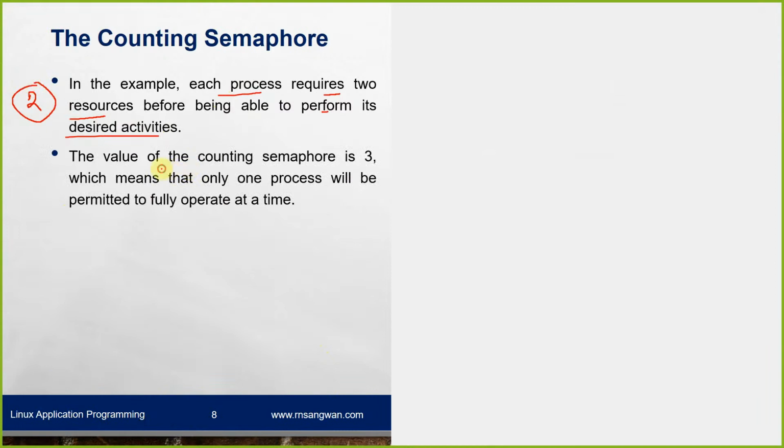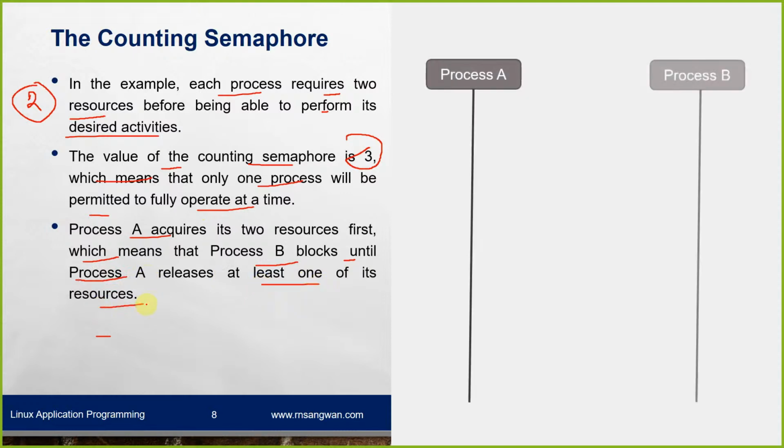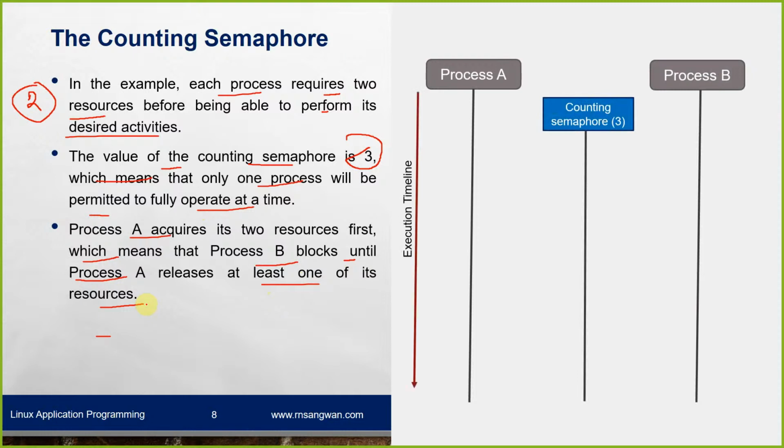The value of the counting semaphore is 3, which means that only one process will be permitted to fully operate at a given time. That's a very good example to understand. Process A acquires its 2 resources first, which means that process B blocks until process A releases at least one of its resources. So the same process A, process B, counting semaphore 3, and the timeline.